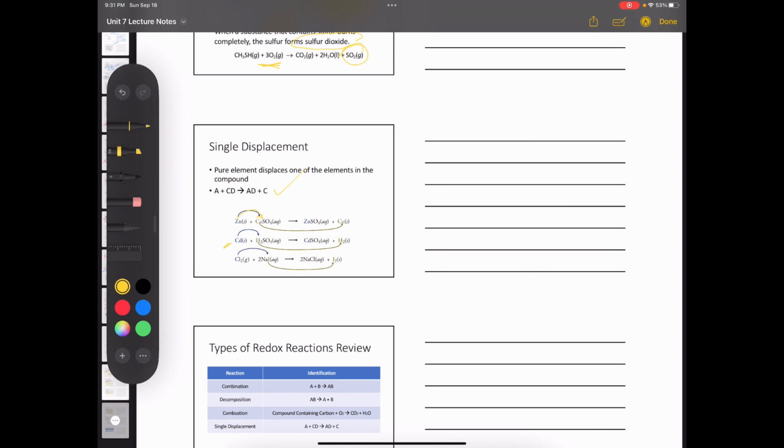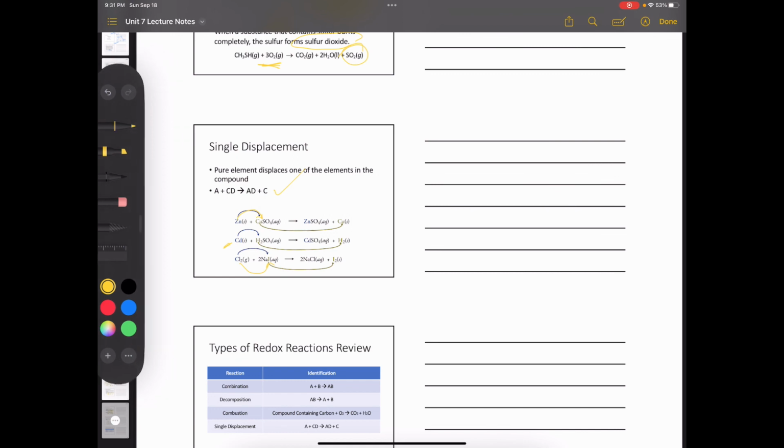Same thing with the cadmium here with the sulfuric acid. Chlorine and sodium iodide. You will see also the chlorine is taking the iodine's spot, basically replacing the iodine in the sodium iodide.